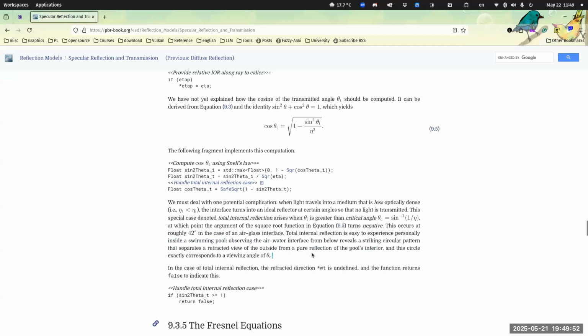I don't know, maybe I will try it next time I go to a swimming pool. I think that's how optical fibers work, to not lose energy along the way, just because of total internal reflection.